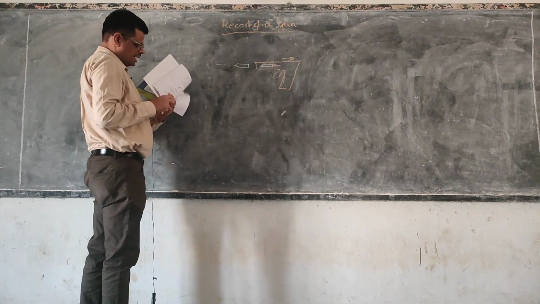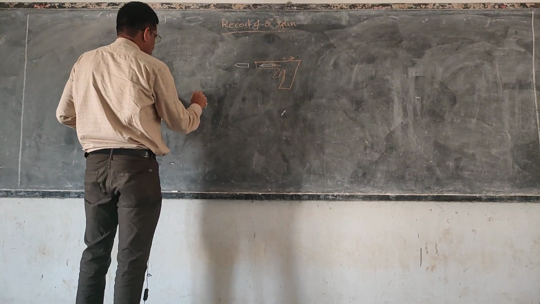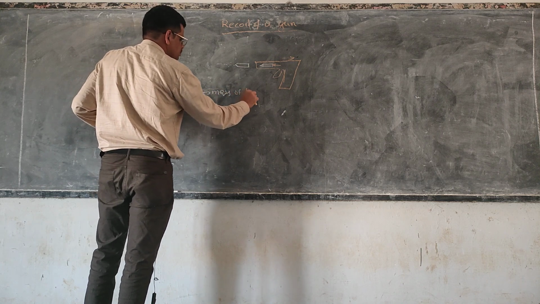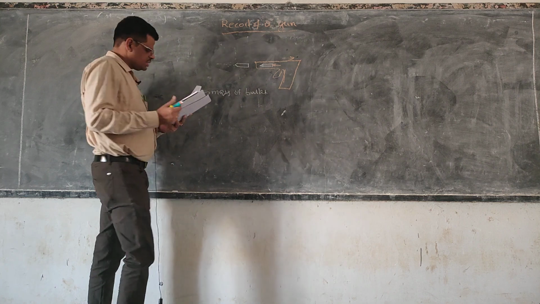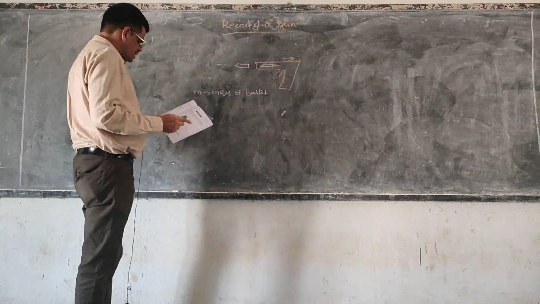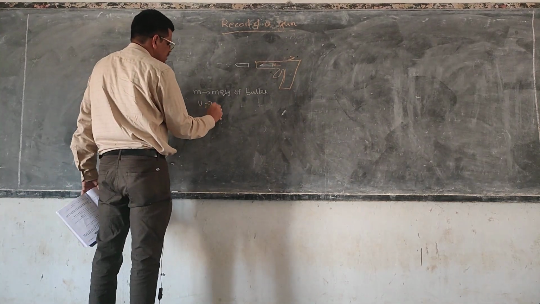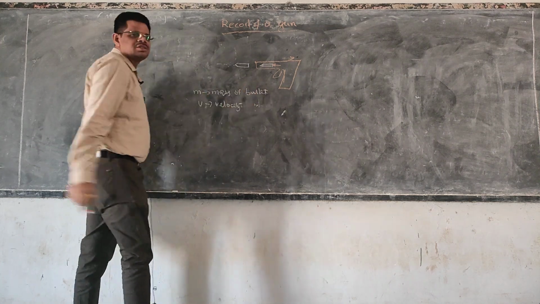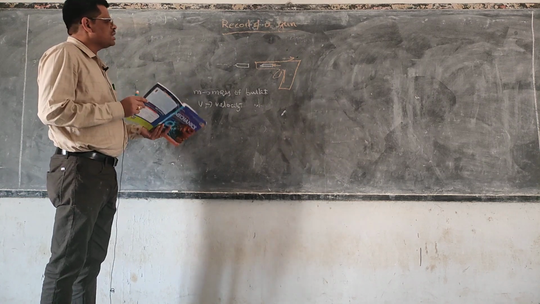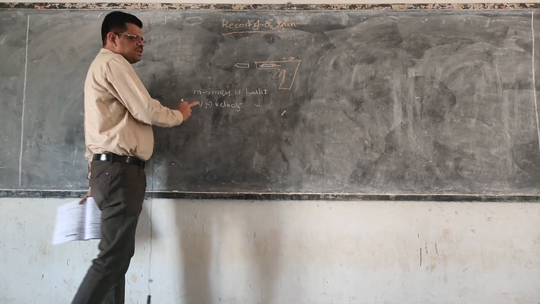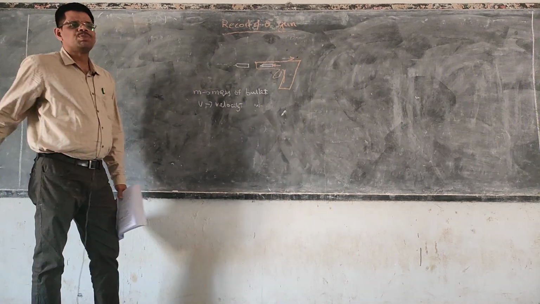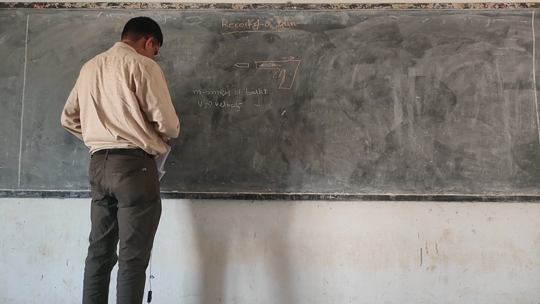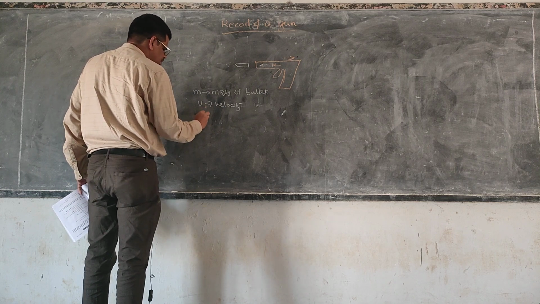Let small m be the mass of the bullet and small u the velocity of the bullet. Since the bullet is moving out of the gun with a velocity u and the mass of the bullet is small m, similarly let the mass of the gun be capital M.